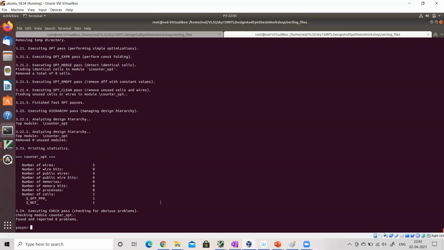Now, what I'm going to do, we are going to do synthesis. So we will do the dfflibmap -liberty mylib.lib.